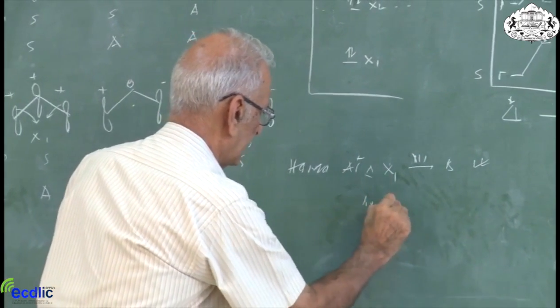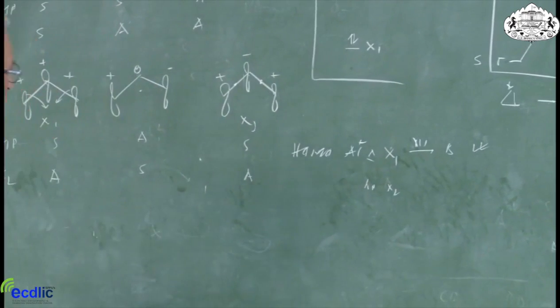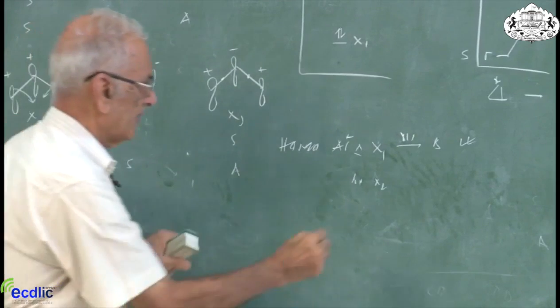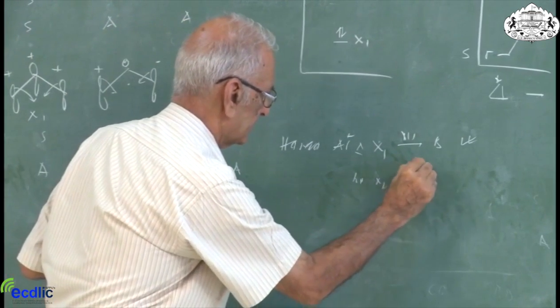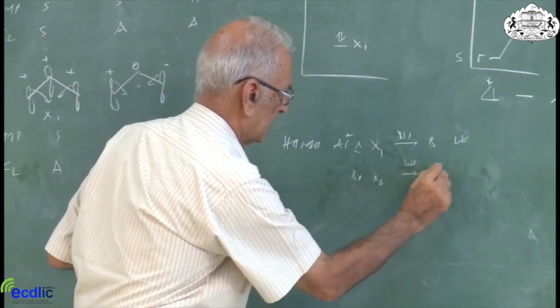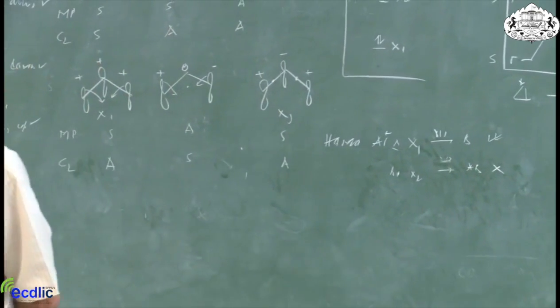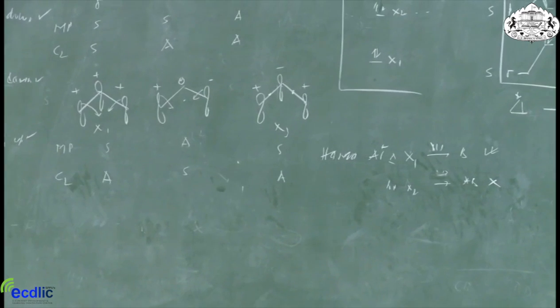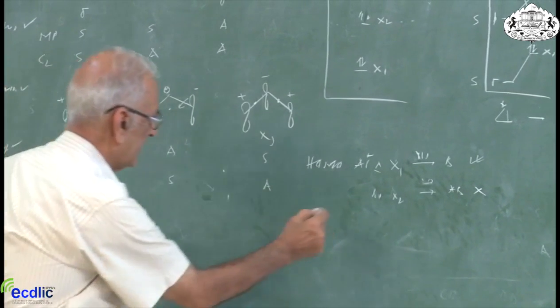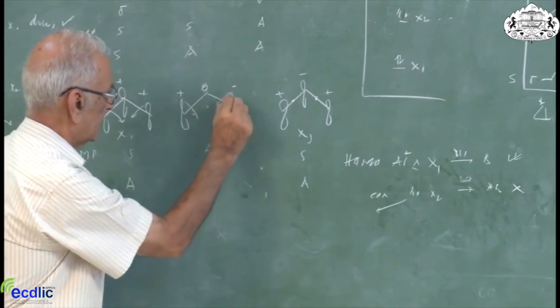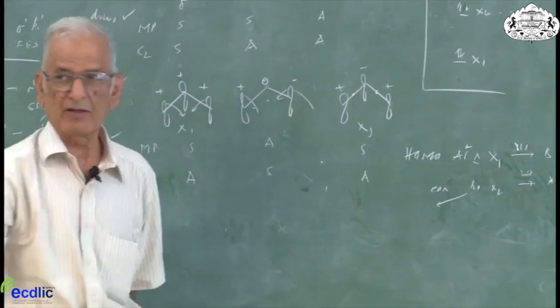In photochemical, my HOMO is X2. X2 will give me anti-bonding with disrotatory, therefore it will be disallowed. If I do conrotatory, plus will come here, minus will come here, so this will be bonding.